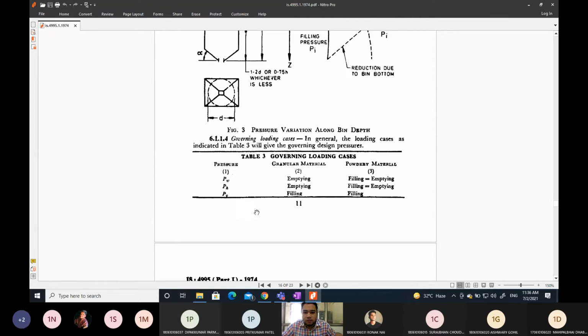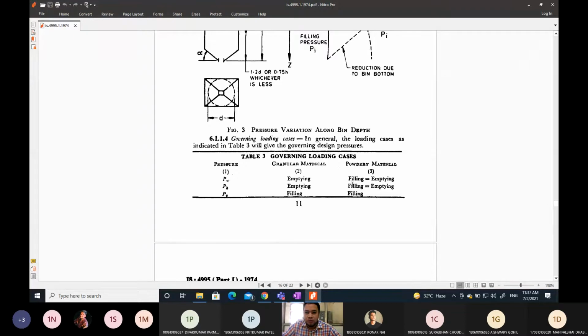Then the governing load case for granular material would be emptying case, and for horizontal pressure it is also emptying, and for vertical pressure it is filling.